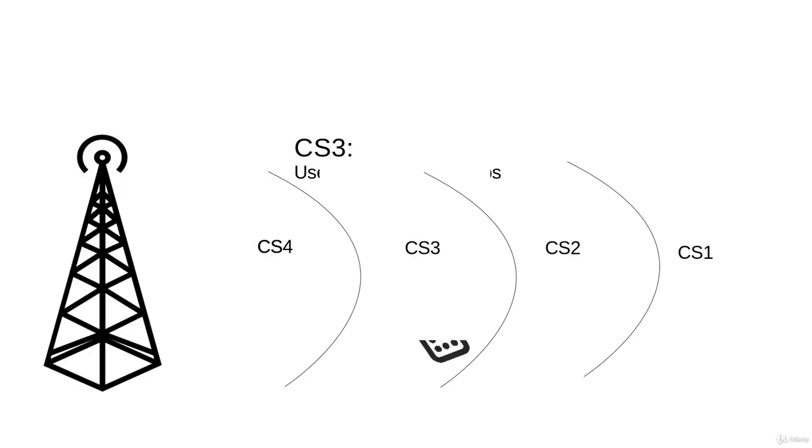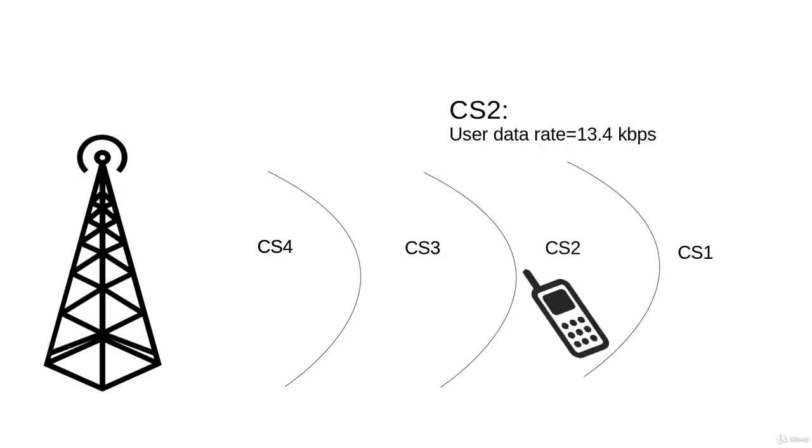And when we go to the region where we are using coding scheme number 2, here the user data rate is further reduced to 13.4 kbps and we need more bits for the error correction. So the user data rate is reduced, but those higher bits for the error correction basically reduce the possibility of bit errors.